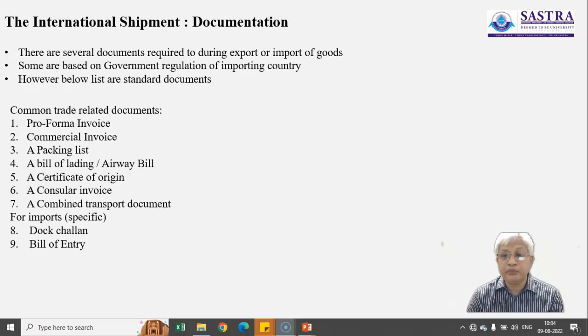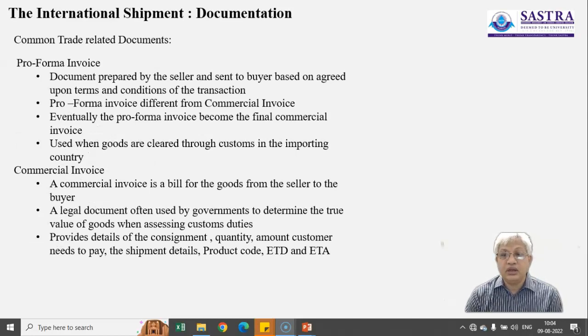So let us go one by one to understand what is a pro forma invoice, followed by the other documents. A pro forma invoice, in many different regions of the world, they call it the sales order.